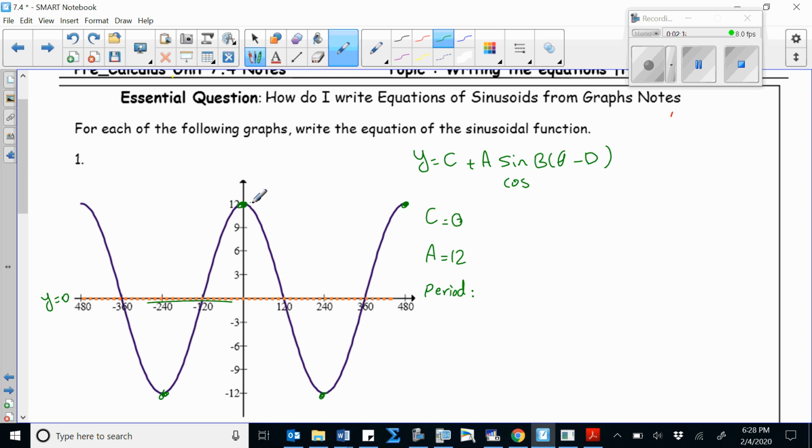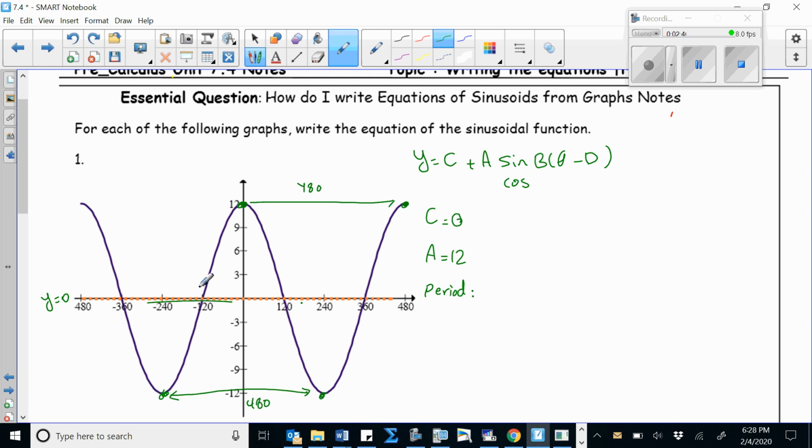So the distance between these two points is from 0 to 480, which is 480. The same is here. If I look at the bottom points, the low points, again, 270 on the left and 270 on the right, and that adds up to 480. So as we see, the period is still 480.